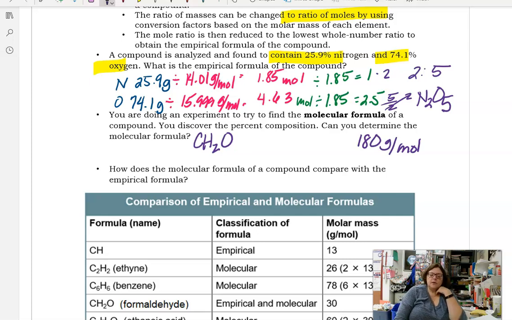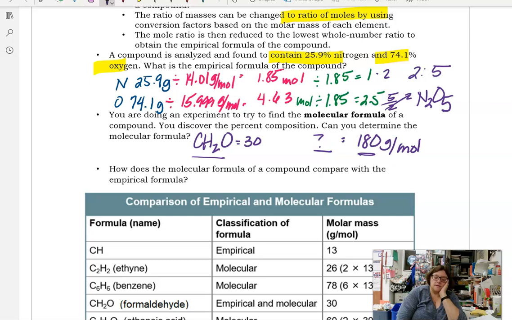How many times bigger is this than the empirical formula here? If we look at the mass of the empirical formula, carbon plus 2 hydrogens is 14, plus oxygen is 16, so that adds up to 30. So the question is, how many times bigger is 180 than 30? Well, it's 6 times larger.